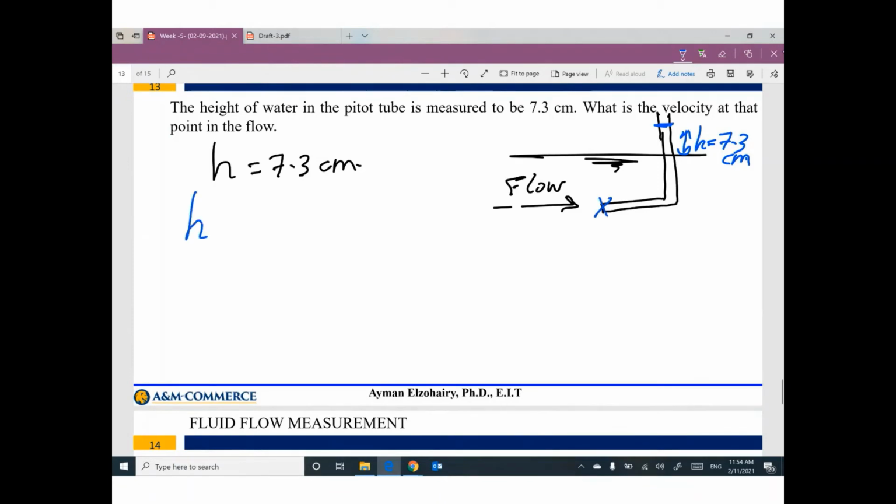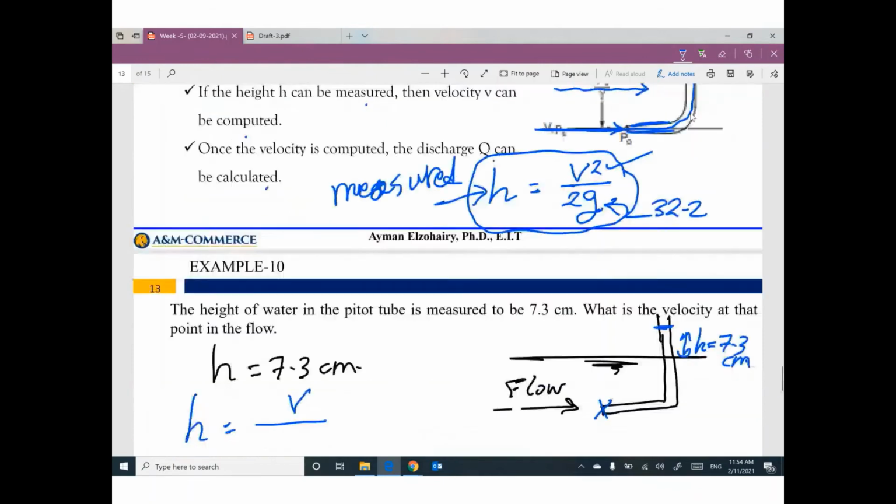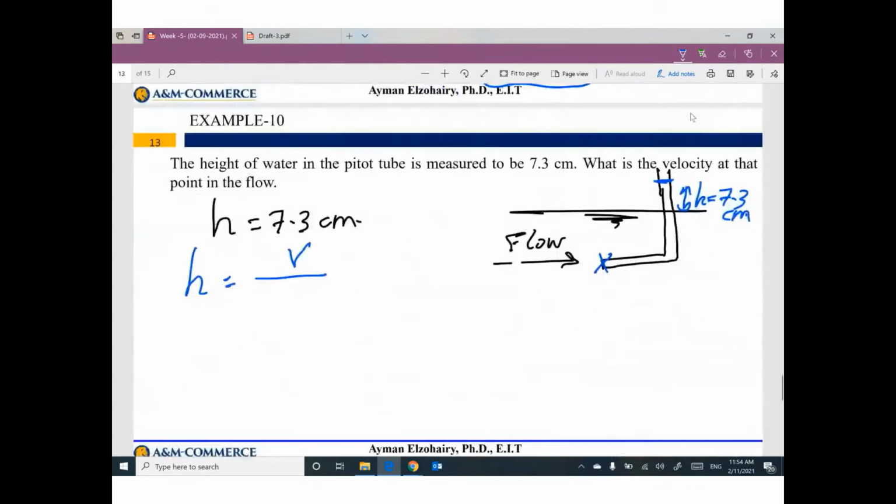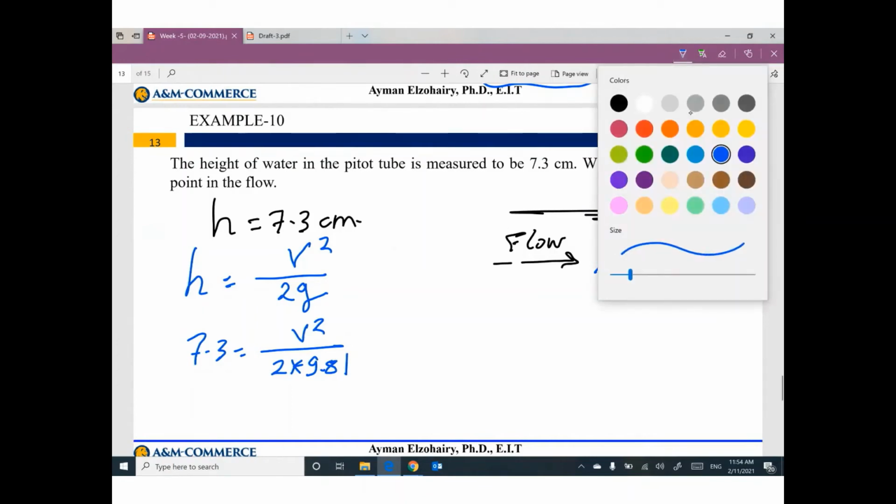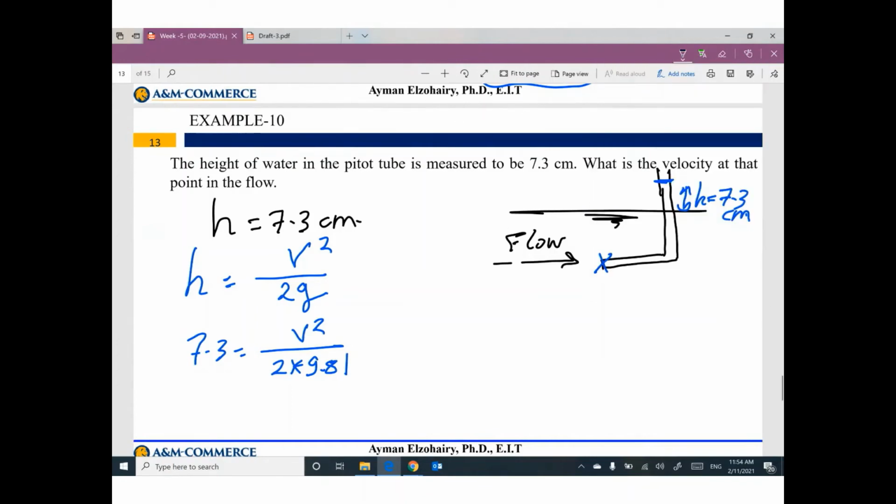Okay, this height equals V squared divided by 2g. So 7.3 equals V squared divided by 2 times 9.81. Please be careful, and I told you this information before.